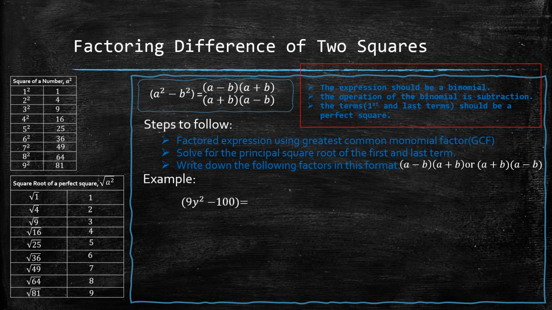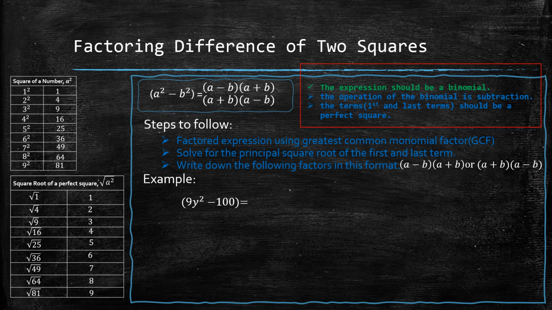Okay, let's have another example. Again, i-check natin isa-isa ha. So, first, the expression should be a binomial. Yes, binomial. 2 terms. Check ta diha. Next, the operation of the binomial is subtraction. Tama ba? Yes, subtraction minus.